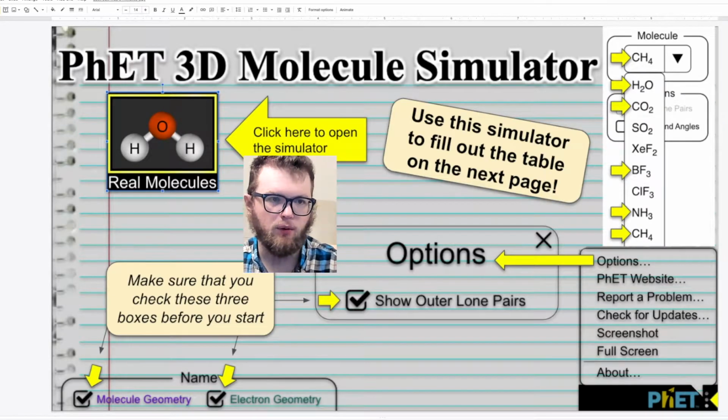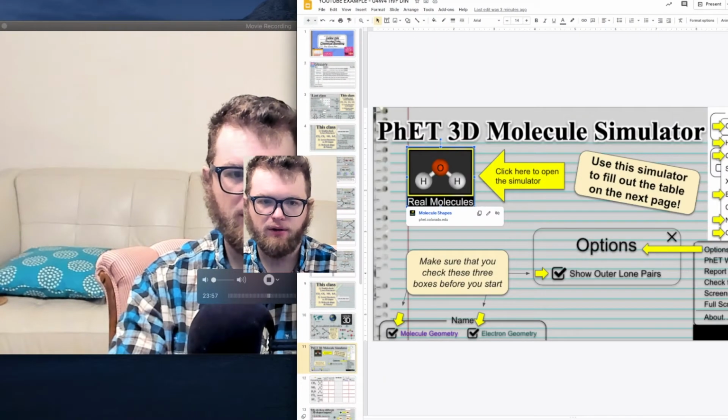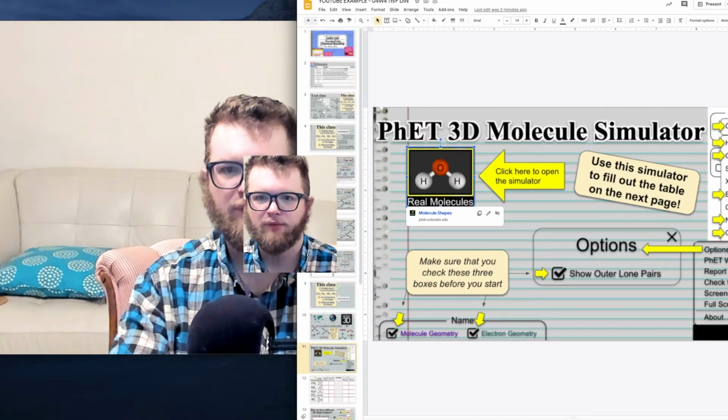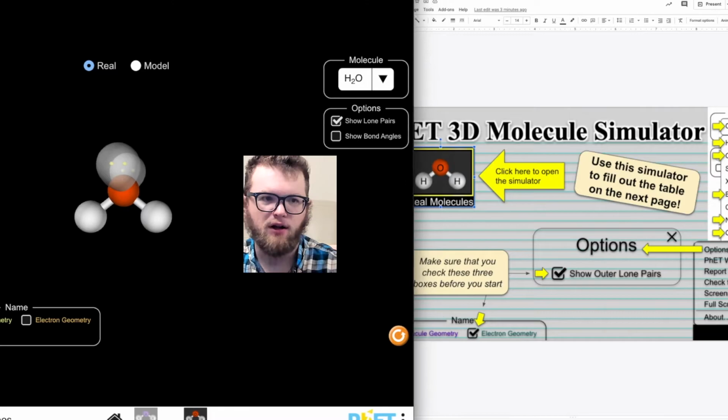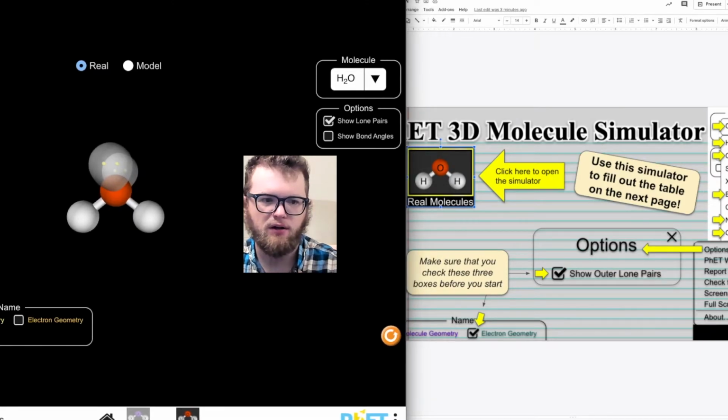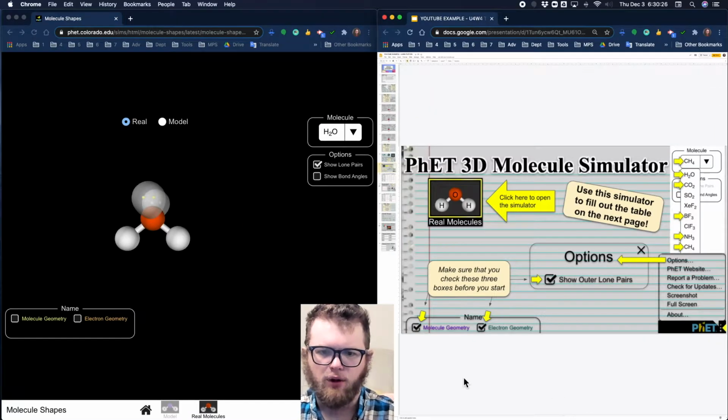So I will drag this molecule shapes window over here, and we'll go like that. So we do want to check these boxes that say molecule geometry and electron geometry.